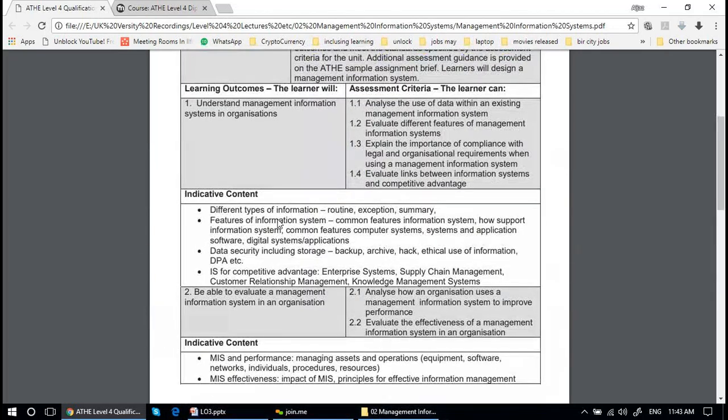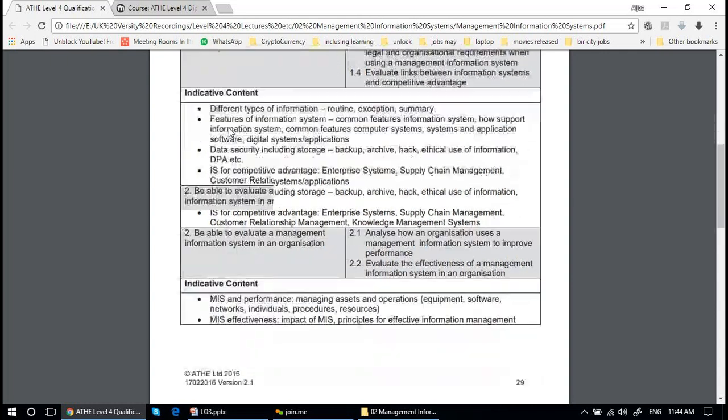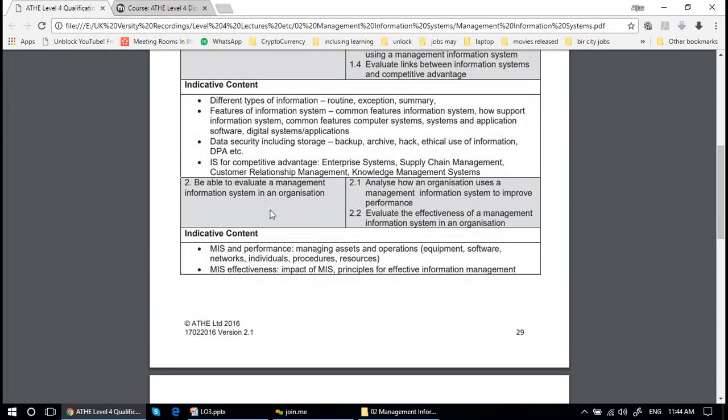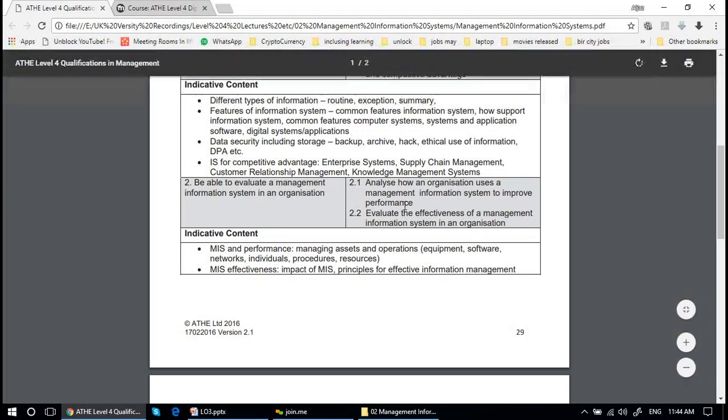So previously we tried to understand what a management information system is and how it is used in organizations, its advantages and its applications, and then we tried to evaluate and analyze the effectiveness of management information systems.